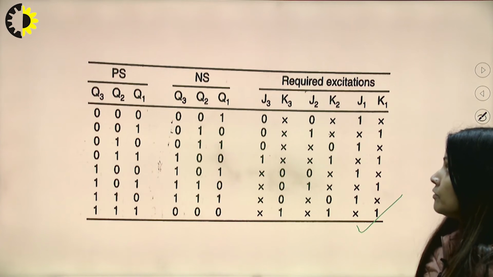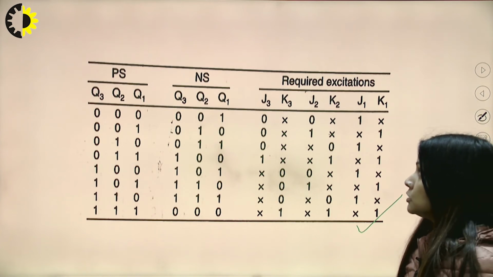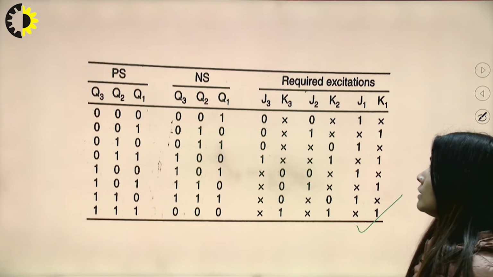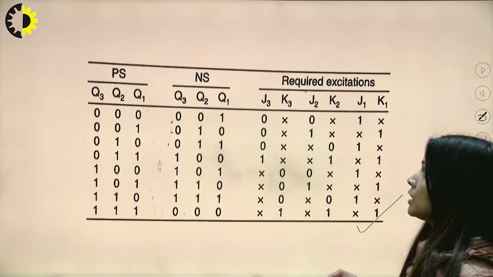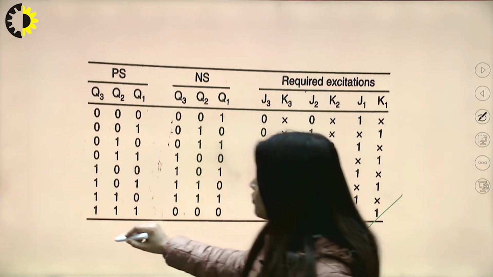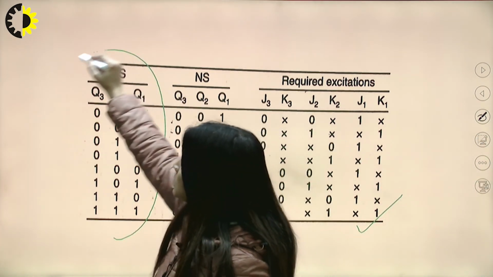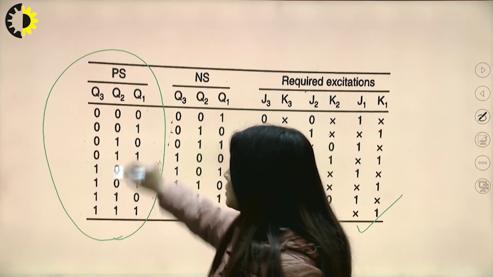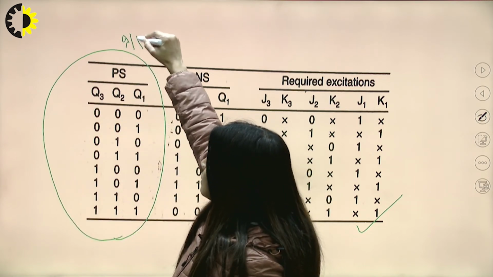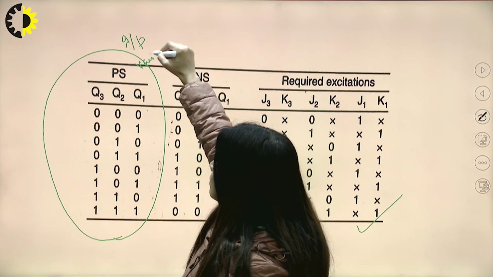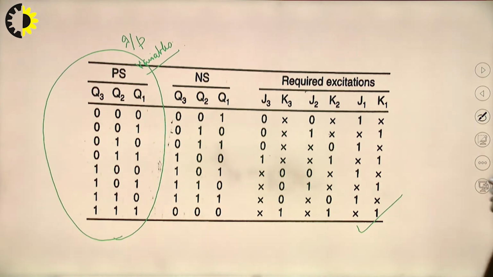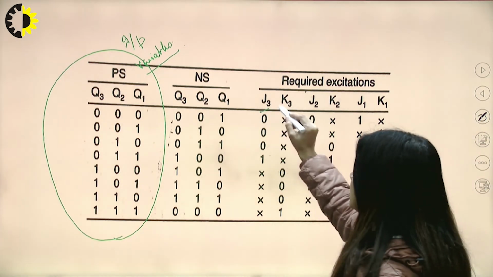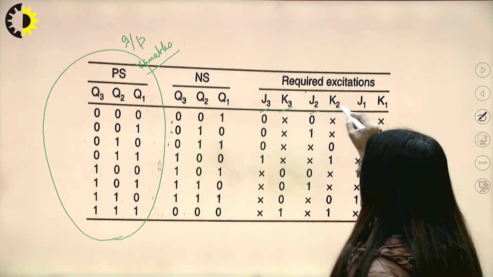So here we will find out J3, K3, J2, K2, J1 and K1 using Q3, Q2, Q1 as input variables. The outputs are J3, K3, J2, K2, J1, K1.